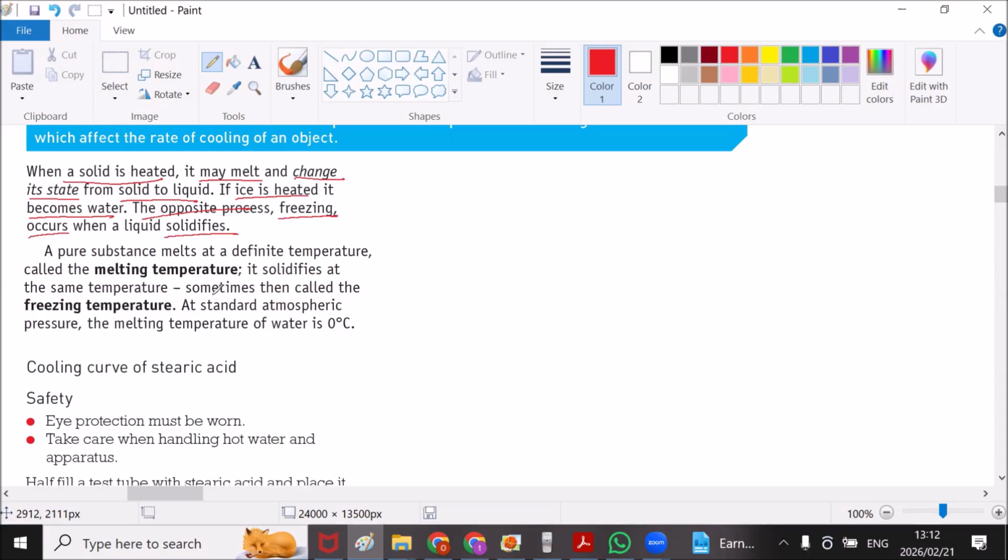A pure substance melts at a definite temperature, called the melting temperature or the melting point. It solidifies at the same temperature. Sometimes this is called the freezing temperature or the freezing point. At standard atmospheric pressure, the melting temperature of water is 0 degrees Celsius.